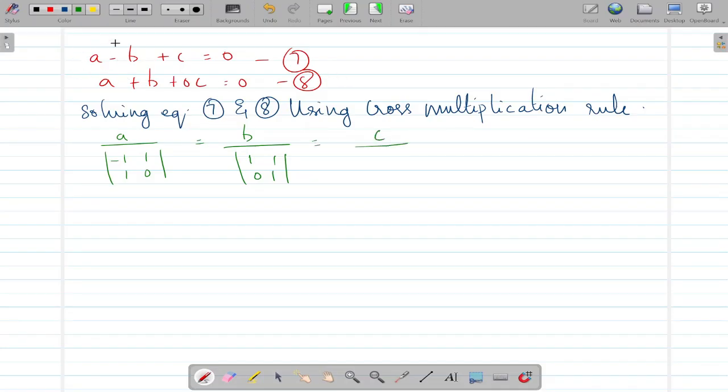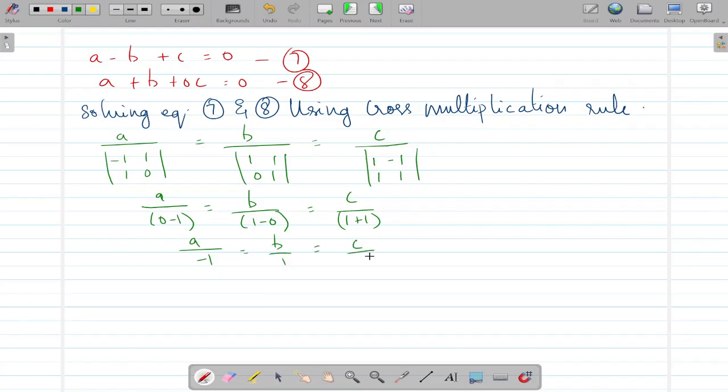Now you take the coefficient of a and coefficient of b from equations 7 and 8: 1, minus 1, 1, 1. Now you do the cross multiplication: 0 minus 1, b 1 minus 0, c 1 plus 1. By solving I get minus 1, 1, c 2.